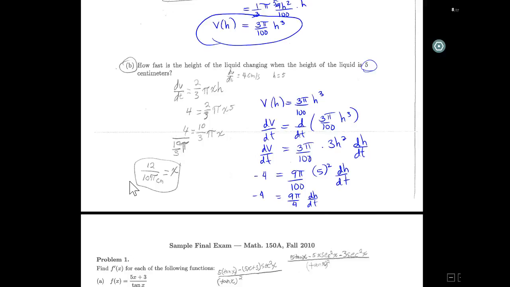I'm going to multiply both sides by 4 over 9 pi. So dh/dt is -16 over 9 pi centimeters per second. Keep in mind, if you're drinking from the straw, the height is decreasing, so it makes sense that it came out to be negative.